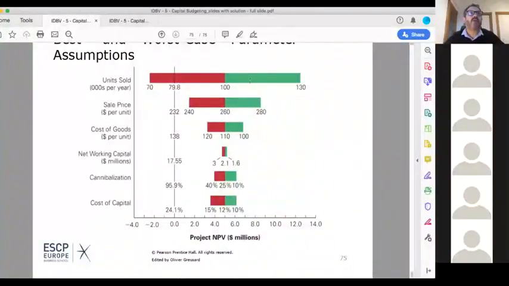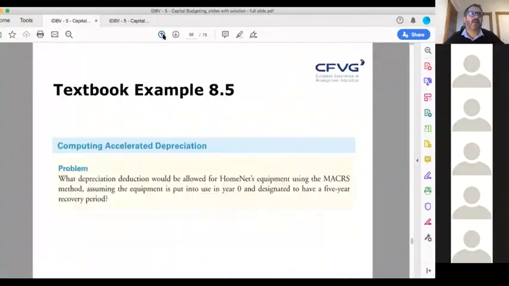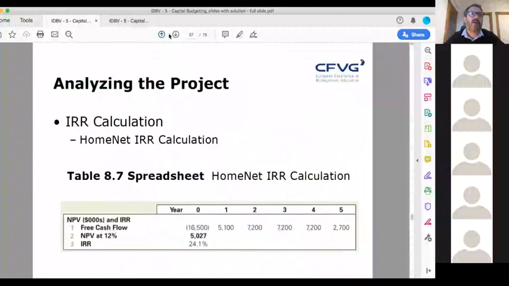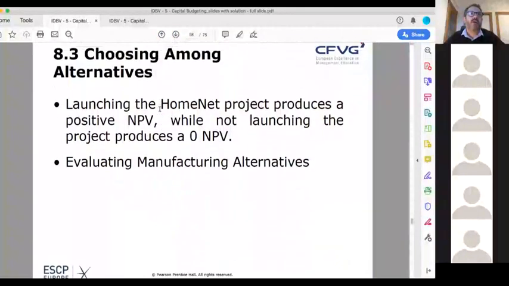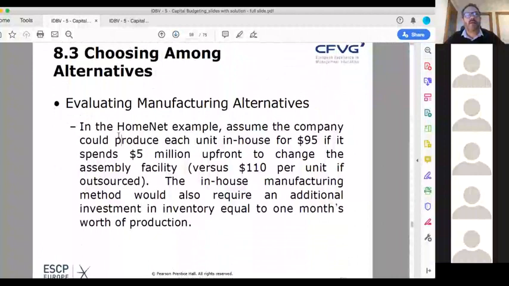And so the NPVs are usually both negative. You can have a look by yourself later on if you want. In the Omnet example, we assume that the company could produce each unit in-house for $95, instead of buying it at 110 from the outside.